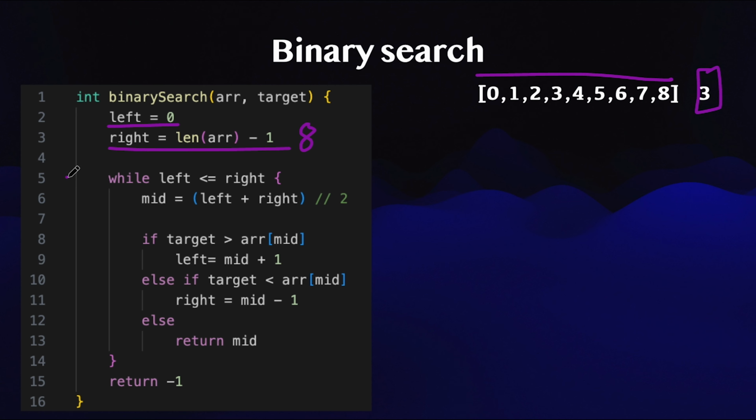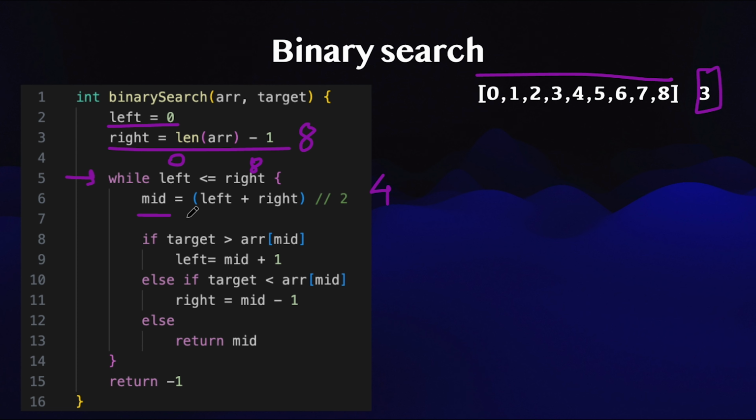And we are going to enter the loop because our left is 0 and our right is 8. So left is less than right, and we are calculating our mid as left plus right, in this case 8 divided by 2, and we are going to have our first mid, which is 4, right?